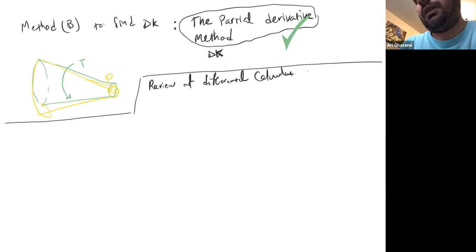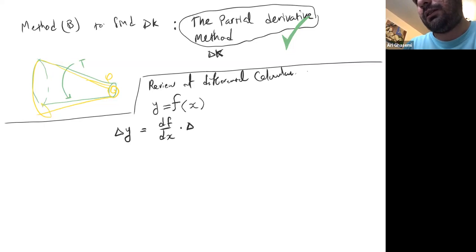In calculus, if we have a function of several variables, start with a simple variable, x. If y is a function of only one variable, then delta y, or the differential in y, is df with respect to x times delta x.